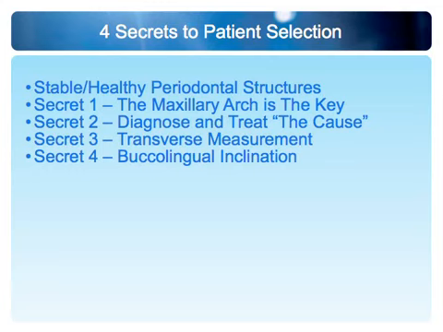I'm going to teach you all the things that I'm looking for in that arch, in that picture, to let me know that this is going to be an excellent case for Invisalign to handle, and not only to treat, but basically produce a perfect outcome so that everyone is happy on every level and the patient has a beautiful smile, and also a perfect occlusion and healthy periodontal structures that they can go forward with through the decades and enjoy their own teeth for the rest of their lives.